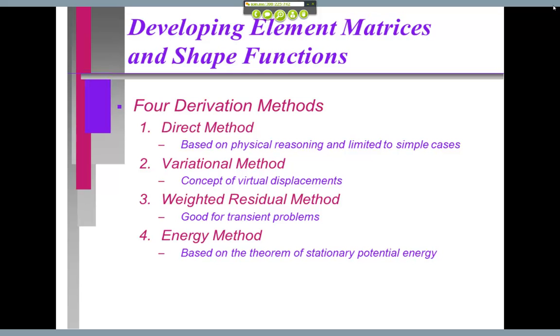In this class, we basically allow the CAD system to produce its formulation. And the formulation that we use is tied directly to the element that we choose. So when you go into the CAD system and say, I want a quad element or I want a tetrahedral element, as you're choosing those elements, they have a method already associated with them.